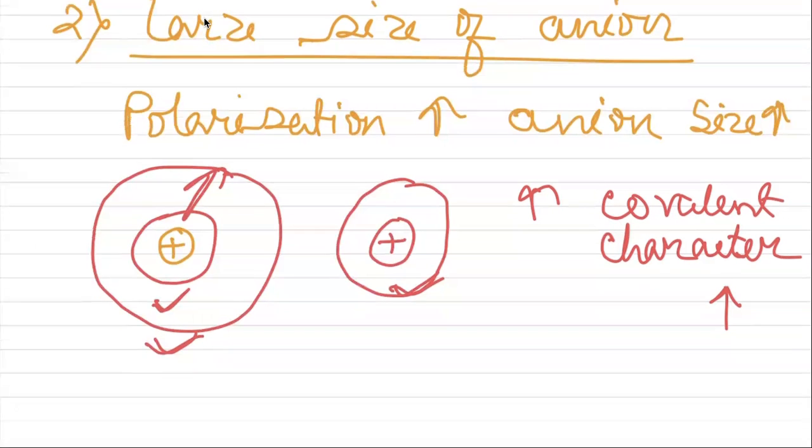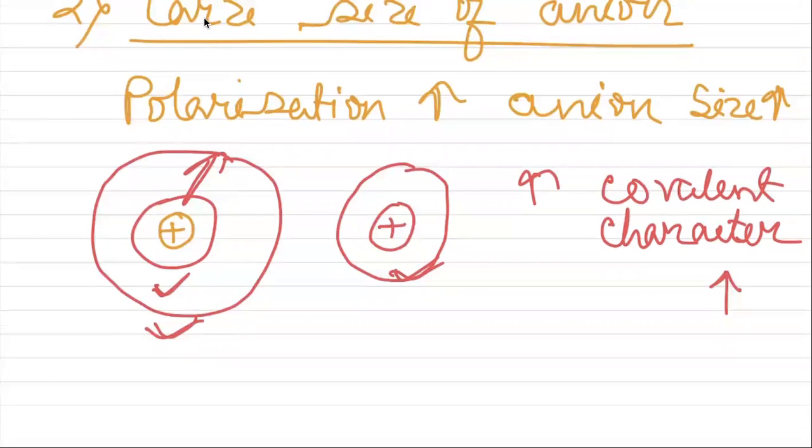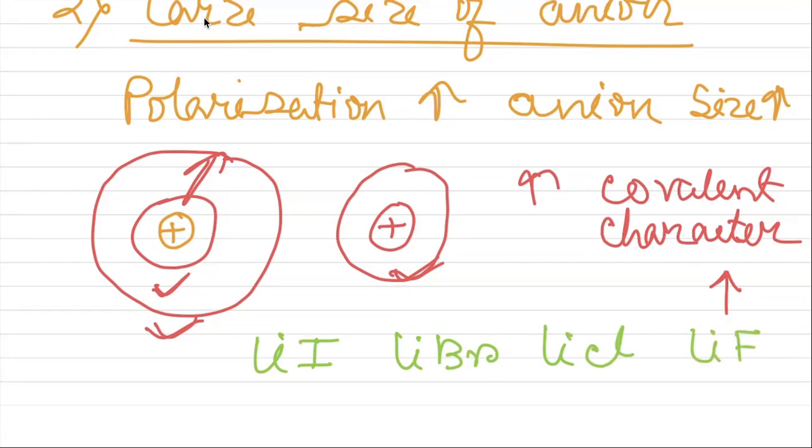So if I consider a few compounds like lithium iodide, then lithium bromide, then lithium chloride, then lithium fluoride, obviously covalent character decreases like this.